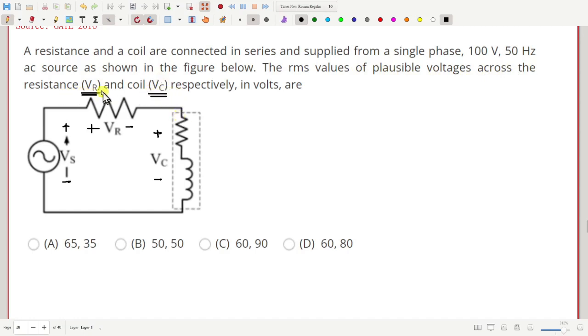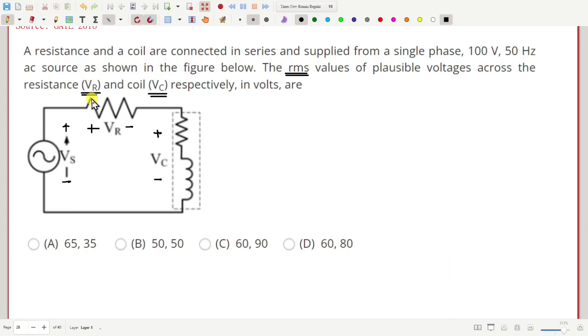Since we are talking only about the RMS value, that means the phasor magnitude, the plus minus symbols are not required in this circuit, but we are assuming these plus minus symbols for ease of calculation.